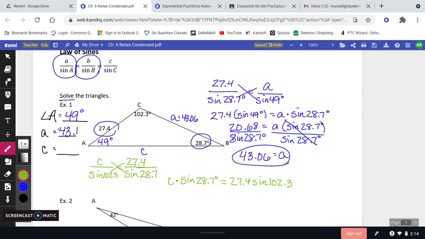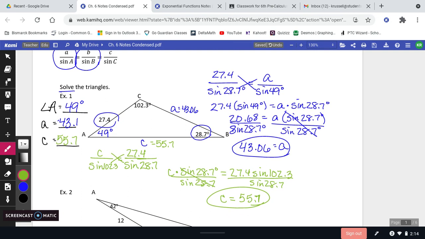I just did that all at one time. And C equals 55.74. So I'm just going to go about 55.7 for side C.